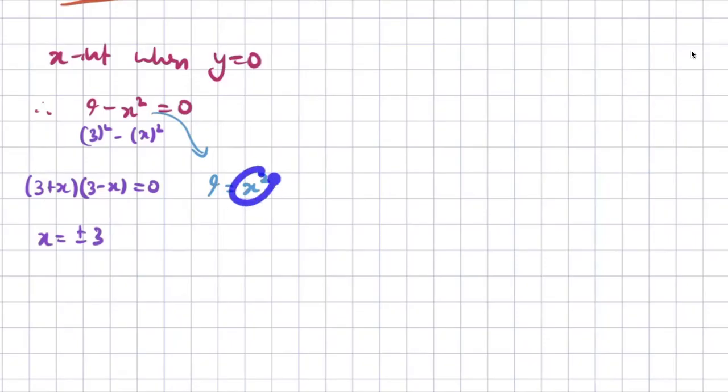And then we can take the square root of both sides to get x by itself. And we end up getting plus or minus 3 is equal to x, remembering that we must include a positive and negative whenever we do so. Both are completely and totally valid methods.